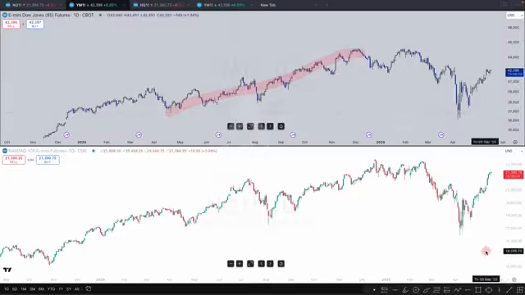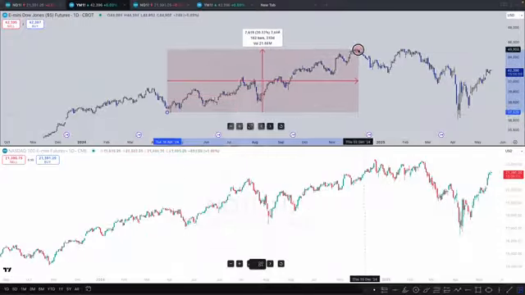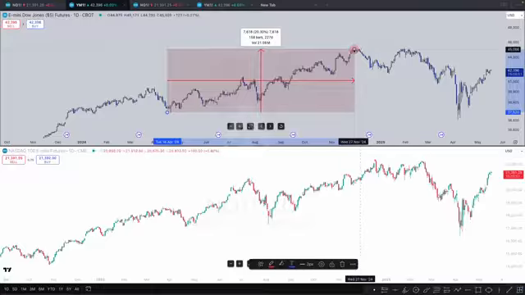The market went from that low of 37,463 all the way to this high of 45,141. That was a 7,618 point increase between April 2024 and November. So the market is trading within this range.